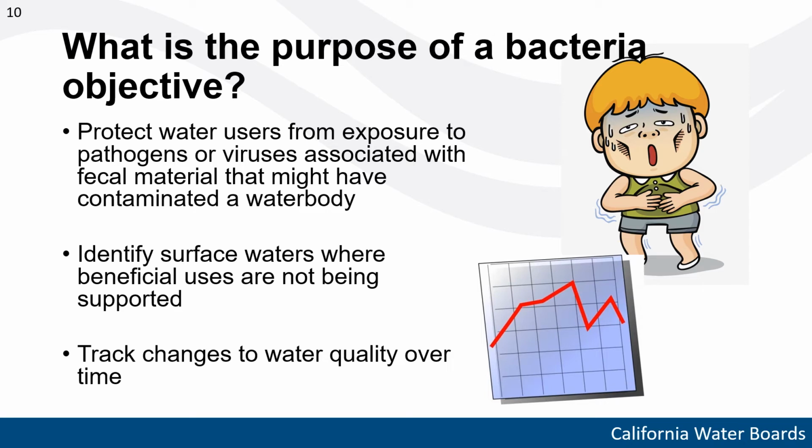Similarly, bacteria objectives are a useful benchmark to help track changes in a water body over time. Have there been noticeable changes which perhaps warrant further investigation? Has there been a change in the way land is used that might have resulted in instances of higher bacteria levels in a water body?